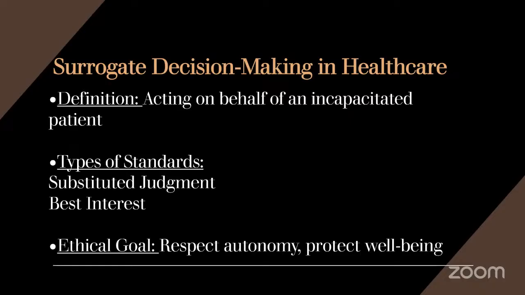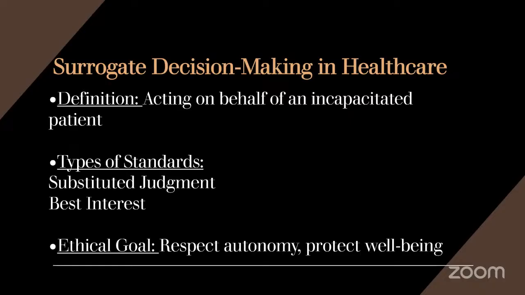The first is the substituted judgment standard. Here, the surrogate tries to make the decisions that the patient would have made if they were able to. This requires knowledge of the patient's values, prior statements, or religious and cultural beliefs. For example, if a patient has previously said they would not want to live on a ventilator, the surrogate should honor that.